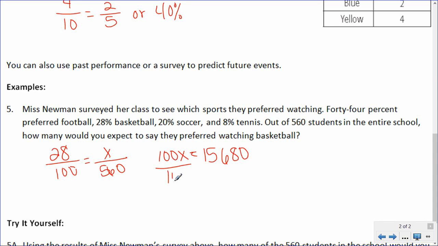And then we'll divide both sides by 100. And we get that x is 156.8. And because we're talking about number of students, the most reasonable answer here would be about 157 students.